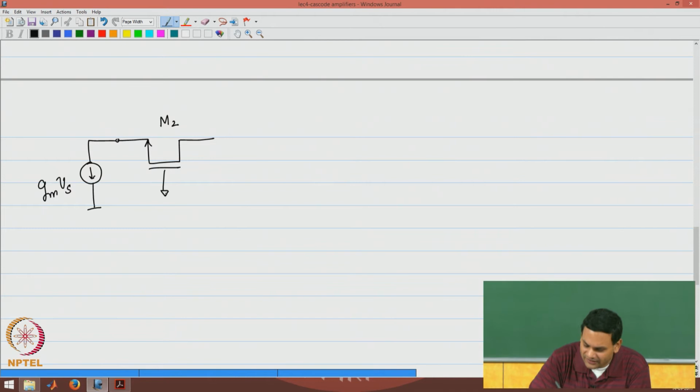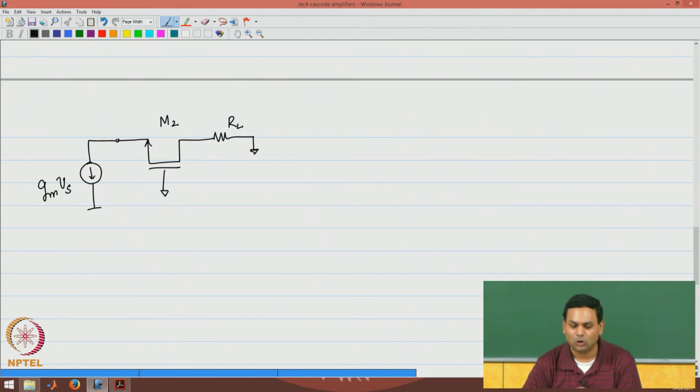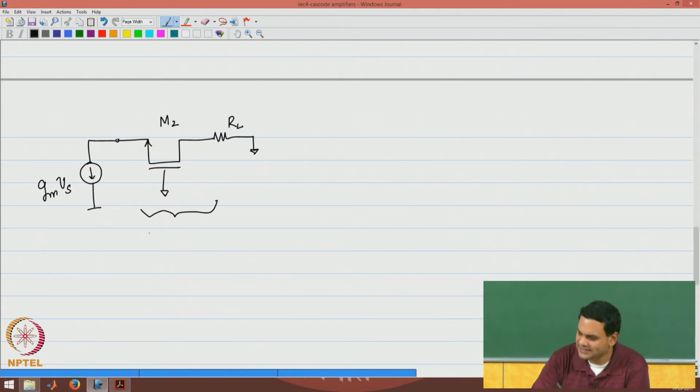For small signals, the gate of M2 is grounded, and if you have a load resistance, for example, at the output, the small signal current would flow through that load resistance. If not, it would flow through the output resistance of the circuit itself. So, therefore, as you can see, M2 is simply a common gate amplifier.